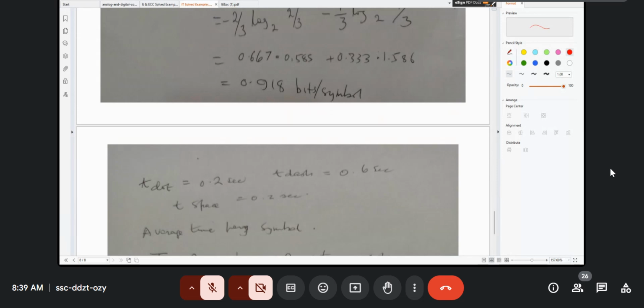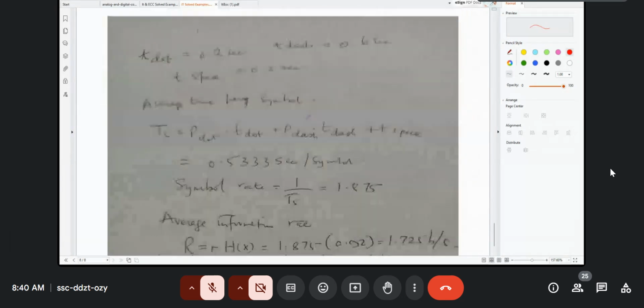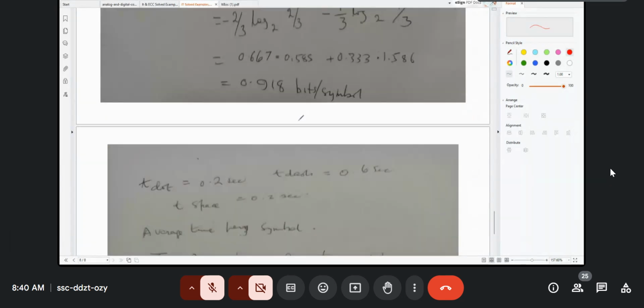T(dot) is 0.2 seconds, T(dash) is 0.6. So there we have the entropy, but we are trying to get the information rate. That was our question. So P(dot) is 2/3 times 0.2 and P(dash) is 1/3 times 0.6.